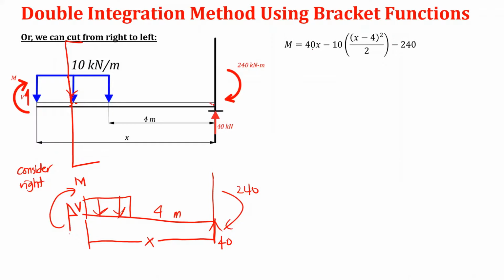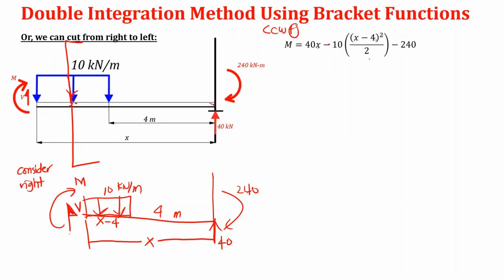So, sum up moment about the cut. So, counterclockwise positive na ni. So, 40x, diba, about sa cut, minus 10 man ni. 10 times x minus 4, kani nga distance, x minus 4 na siya, x minus 4 squared over 2.